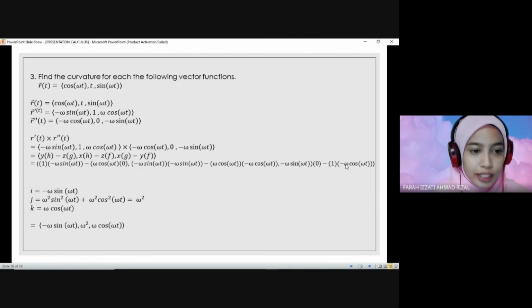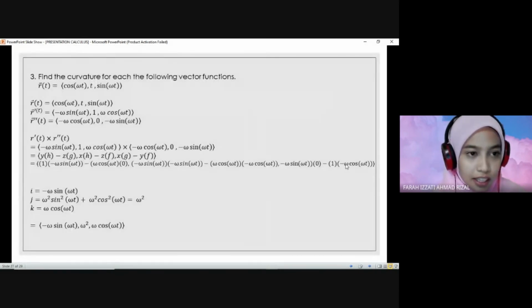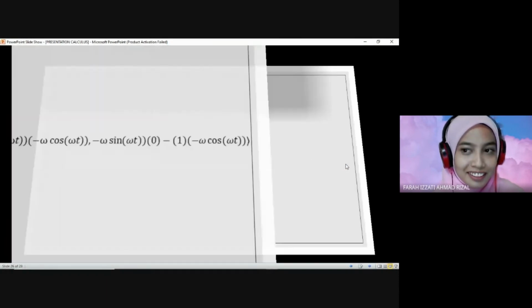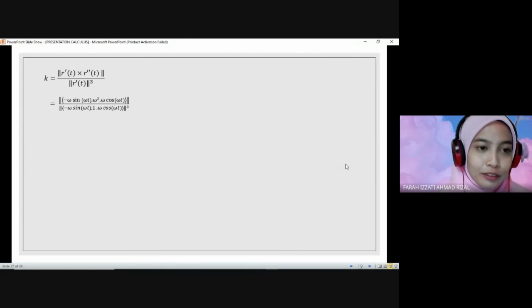Okay, after we get a new vector, we use the new formula where kappa equal to the norm of first derivative cross second derivative divided by the norm of first derivative to the power of 3.